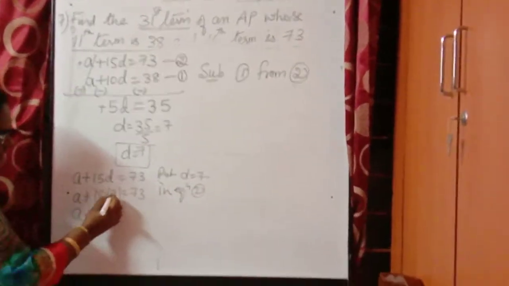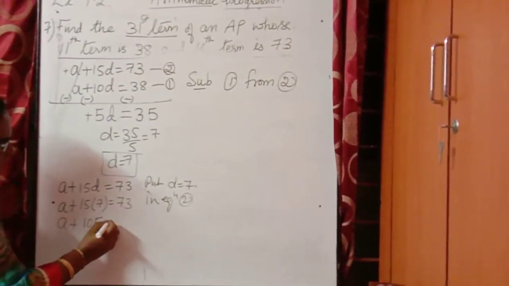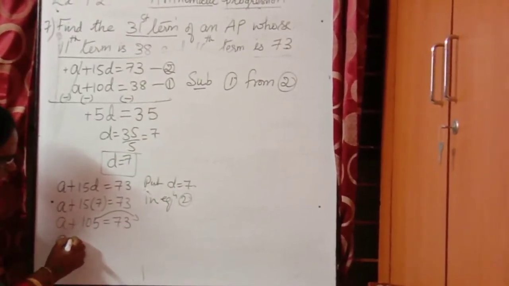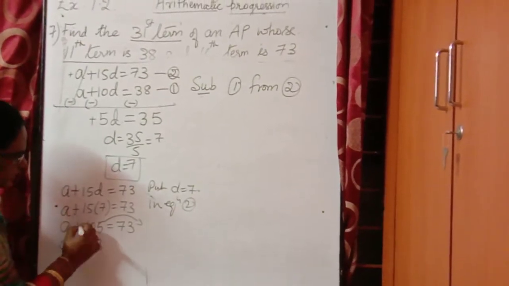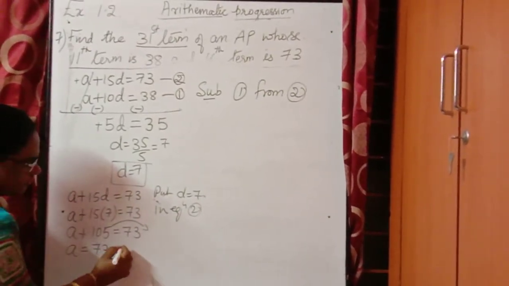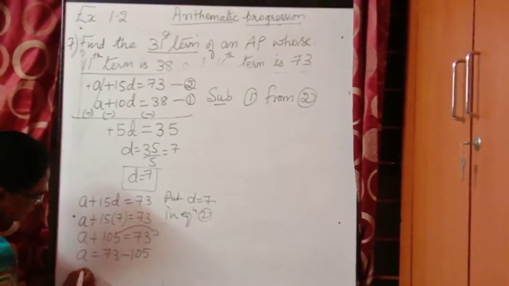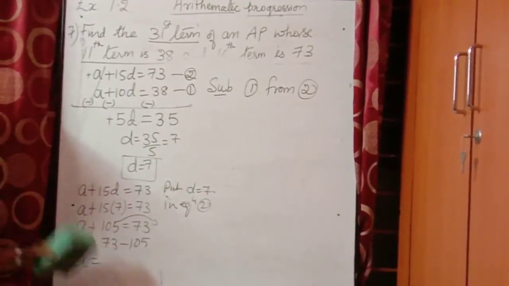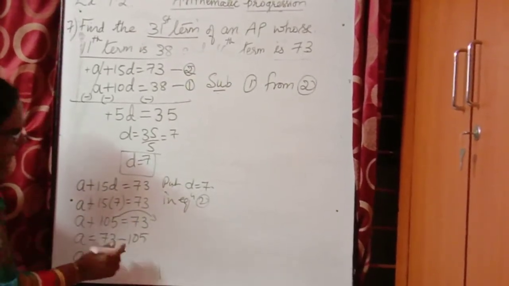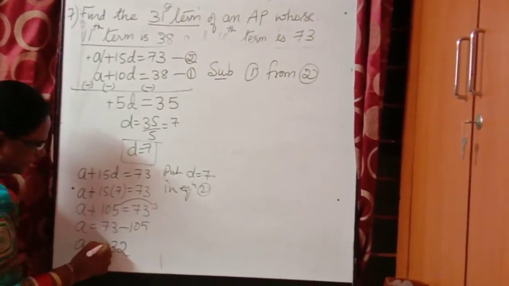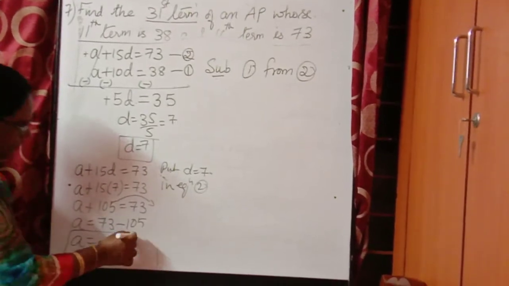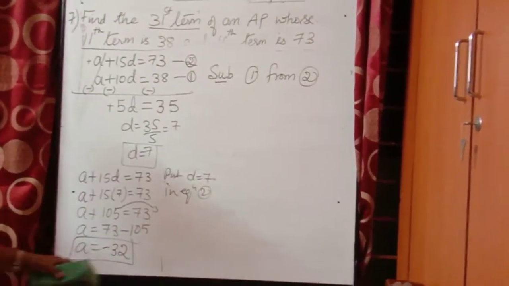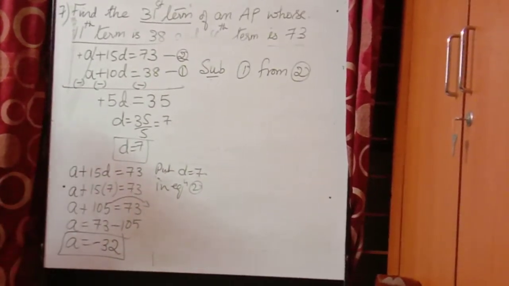A plus 15 sevens are 105 is equal to 73. Shift 105 to this side. Whatever number you are shifting, you have to change the sign of that number. So a is equal to 73 minus 105, which is minus 32. So d is equal to 7 and a is equal to minus 32.